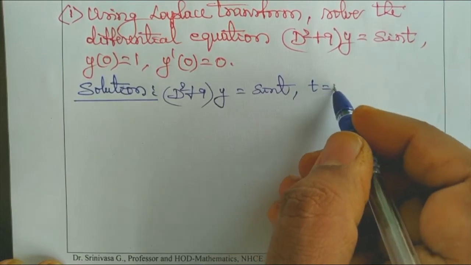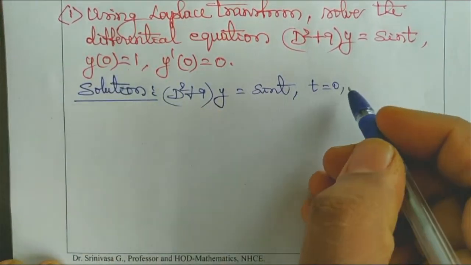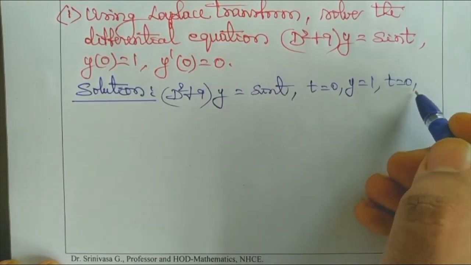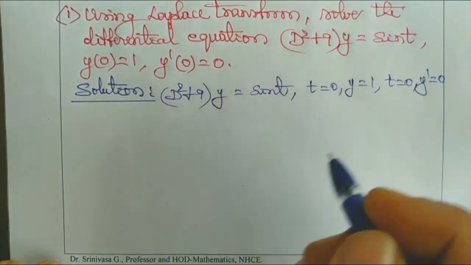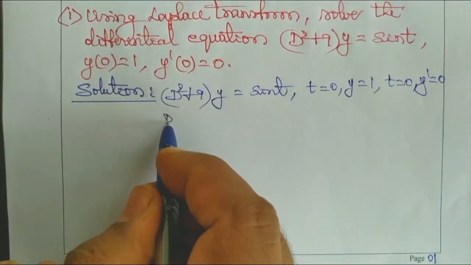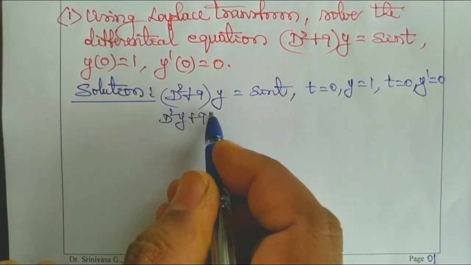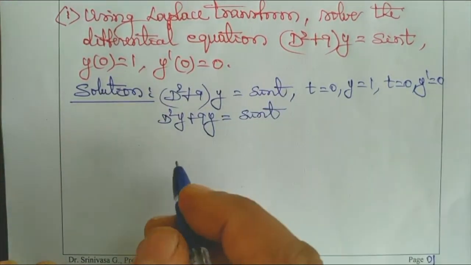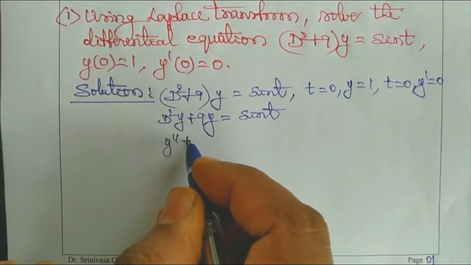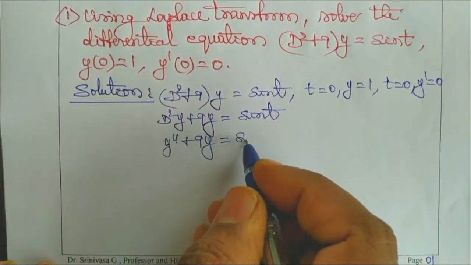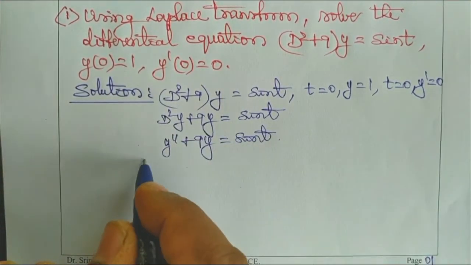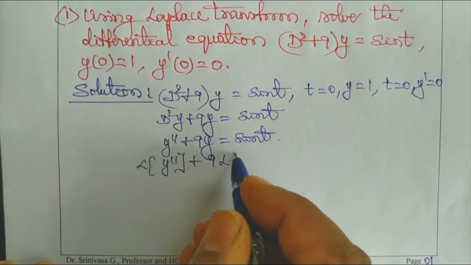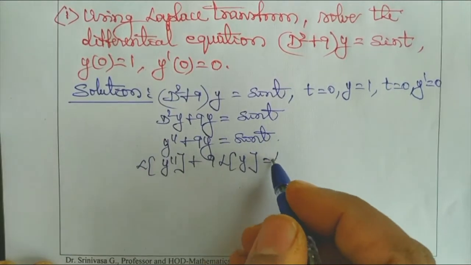When t is 0, y is 1; when t is 0, y dash is 0. This can be written as d square y plus 9y is equal to sin t, so y double dash plus 9y is equal to sin t. Now you apply Laplace for this. Laplace of y double dash plus 9 into Laplace of y is equal to Laplace of sin t.